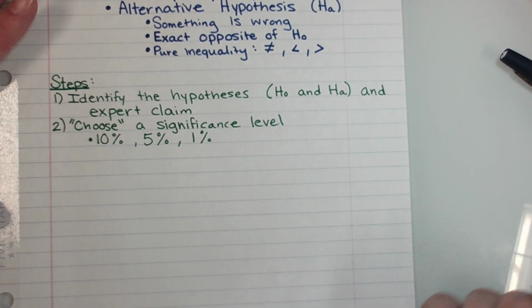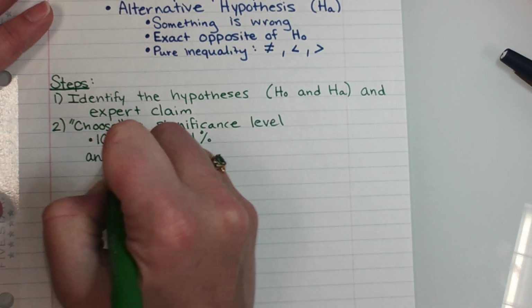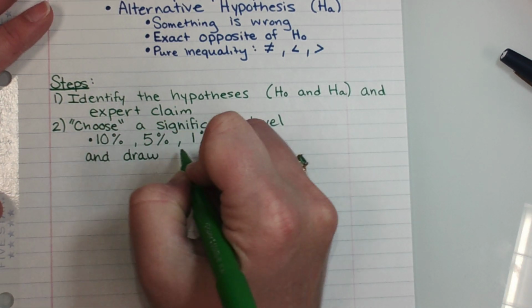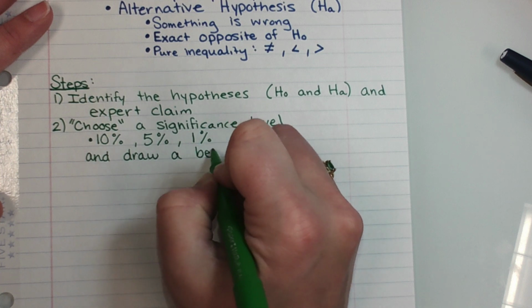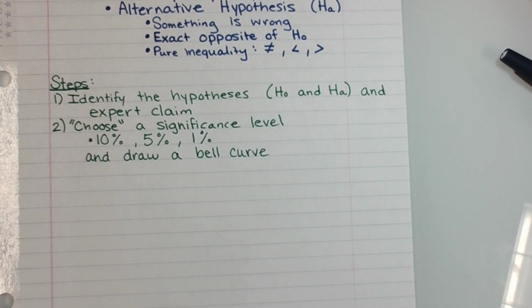Now, when we choose that significance level, we are also going to draw a bell curve that goes with it. And we're not going to draw a particularly specific bell curve.